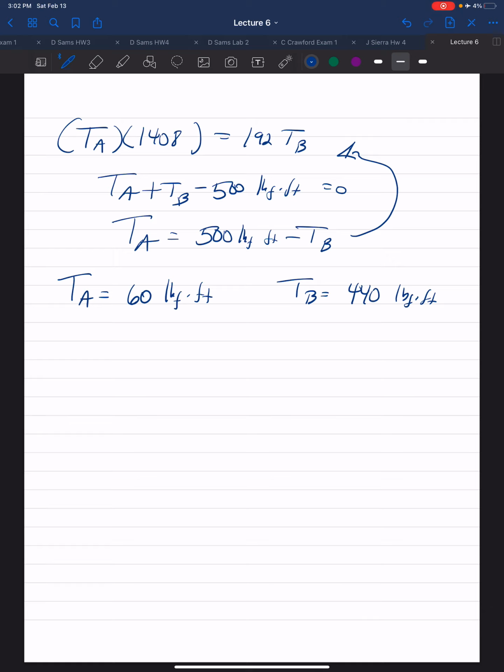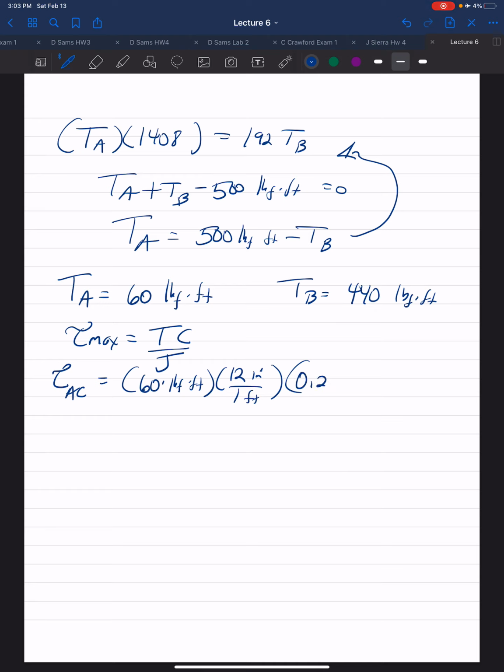Therefore, the maximum shear stress is TC over J. So for segment AC, the torque would be 60 pound force feet times 12 inches per 1 foot times our outer radius, which is 0.25 inches, over our J, which is pi over 2 times 0.25 inches to the 4.